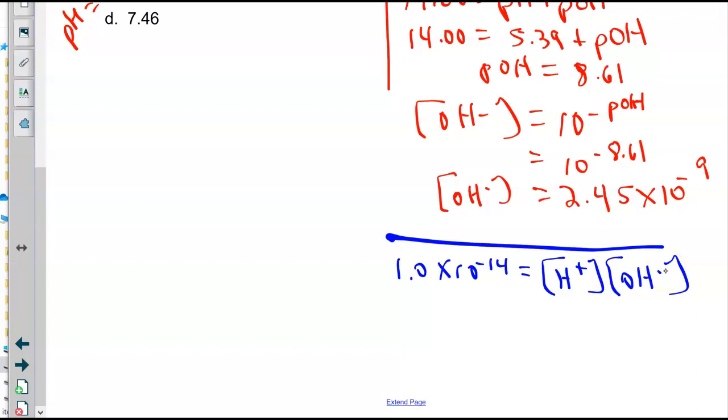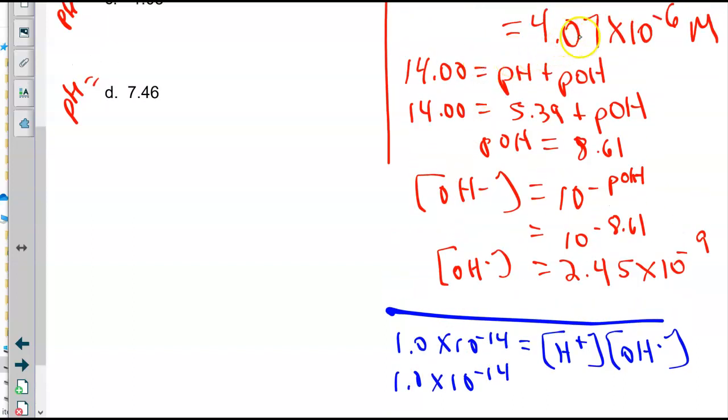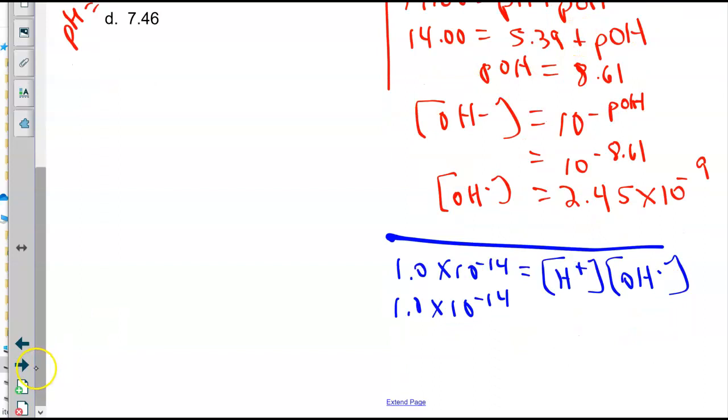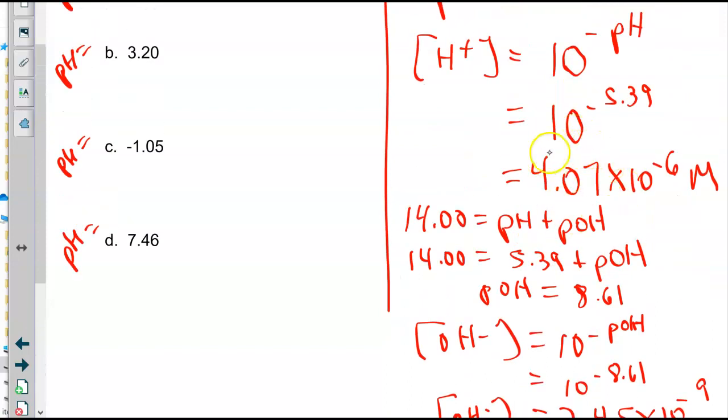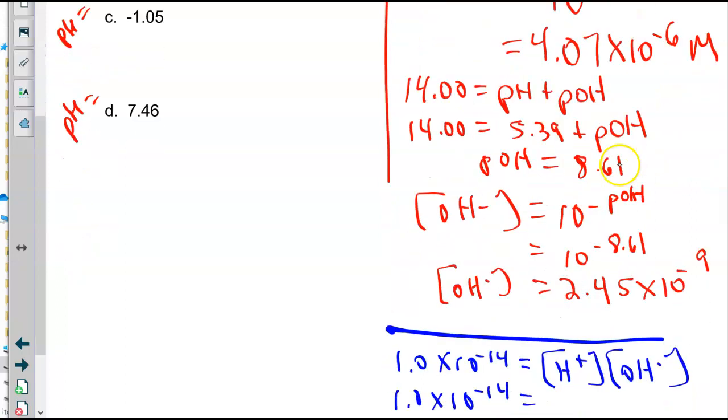And you are going to do then 1.0 times 10 to the negative 14th. We're going to go back up and grab our concentration, 4.07 to the negative 6. I misspoke. This is our H plus concentration here, not our OH minus. This is our H plus concentration, 4.07 times 10 to the negative 6.